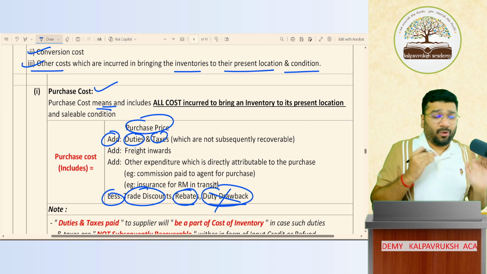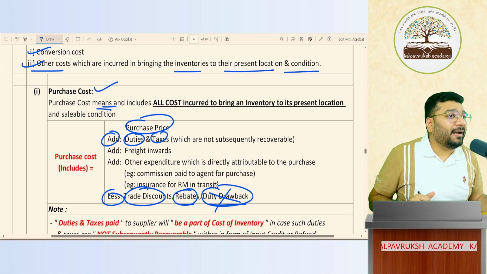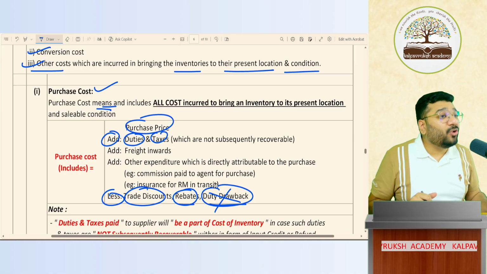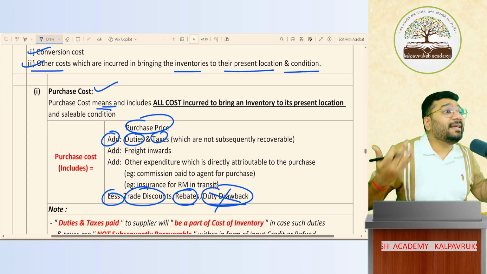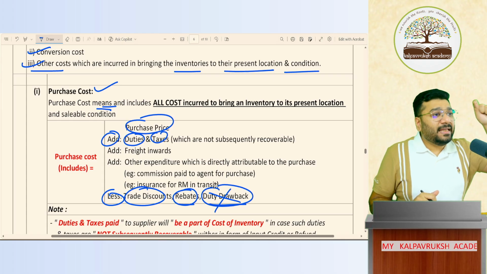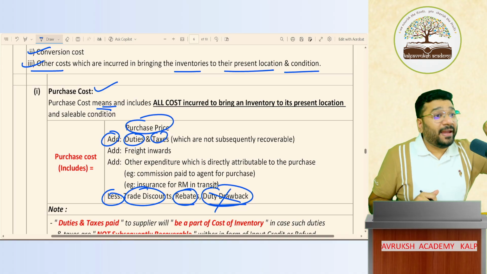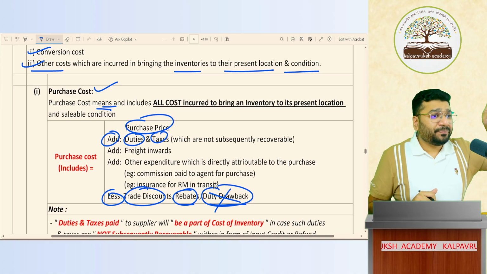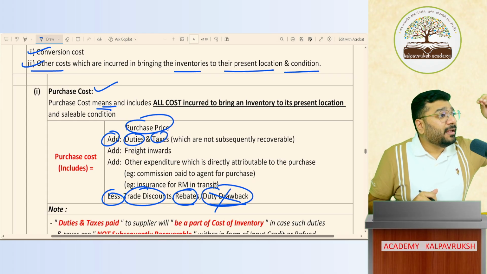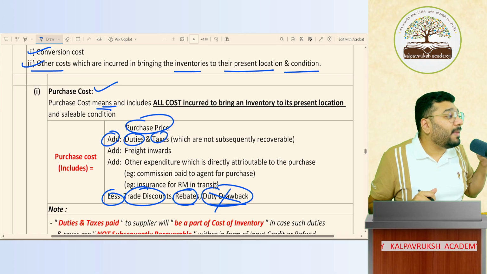If I do more and more sales abroad, for Indian people it is good, and for the Government of India it is good. So they want to encourage such businesses. They tell us: initially pay the duty, later we will give you a refund. The duty that you have paid to the government, the customs duty or any kind of duty, if you later get a refund of that, it is called duty drawback.